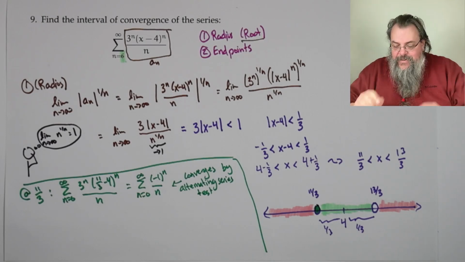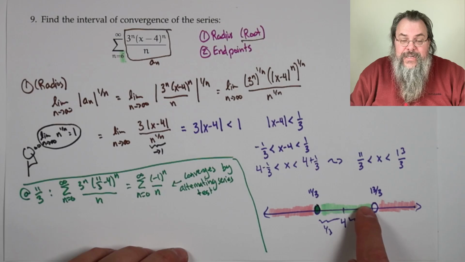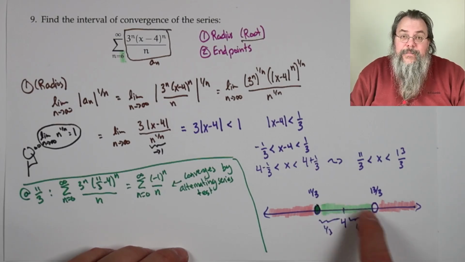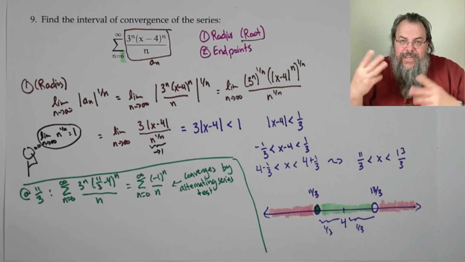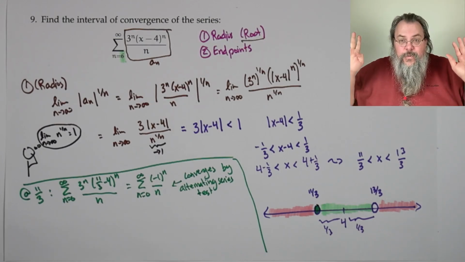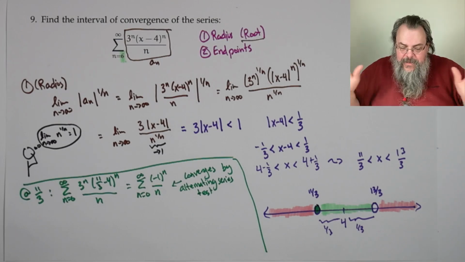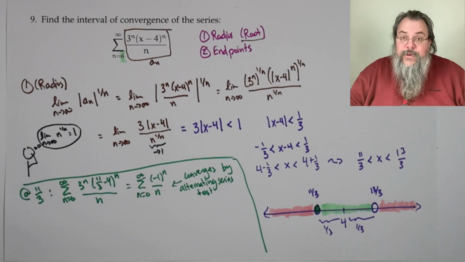Now, true fact, in between the endpoints, it's always absolute. Endpoints may or may not be absolute. They could be conditional, absolute, divergent. So you have to check. But don't worry about conditional versus absolute if you're finding the interval of convergence. That's a different problem. Okay, so that was at 11 thirds.